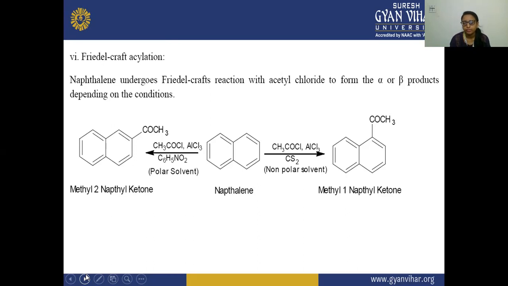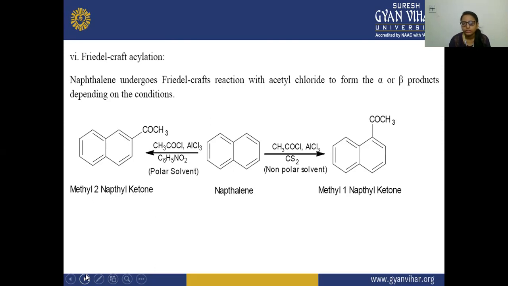This carbon disulfide is a non-polar solvent, and when naphthalene reacts with acetyl chloride in the presence of AlCl3 and this non-polar solvent, carbon disulfide, there is a formation of methyl 1-naphthyl ketone.